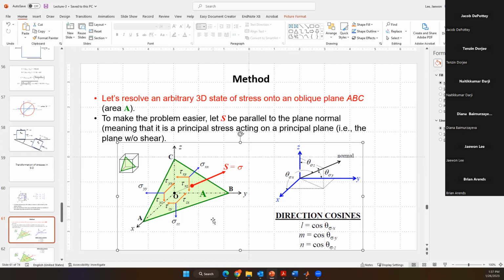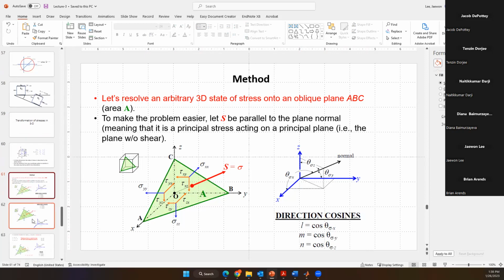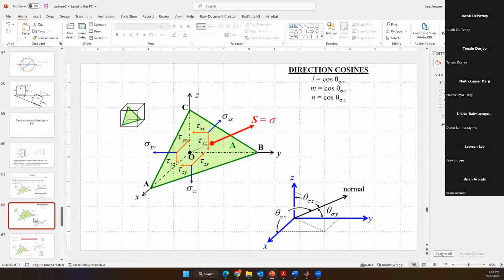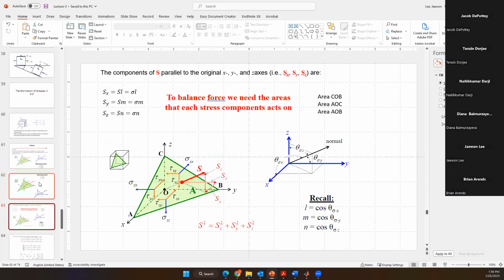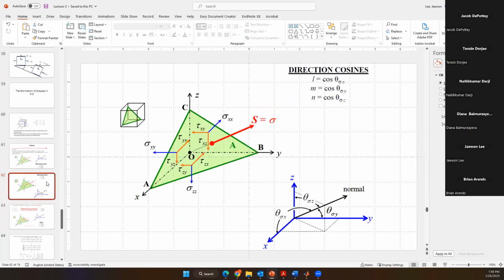So we need to consider everything, and then we can derive the equations again. I will briefly explain the 3D transformation, and then re-explain it next Tuesday.